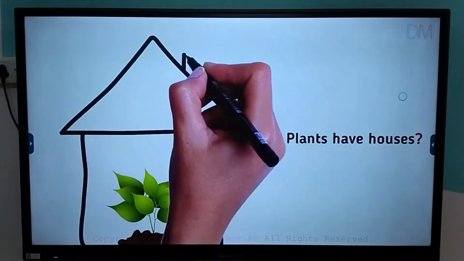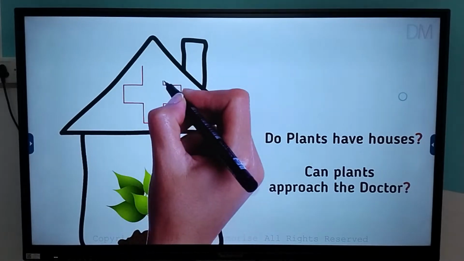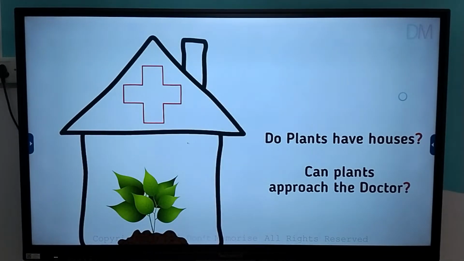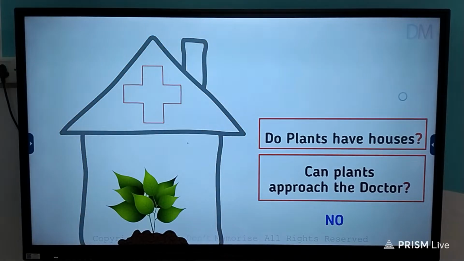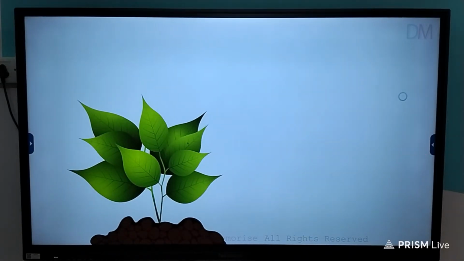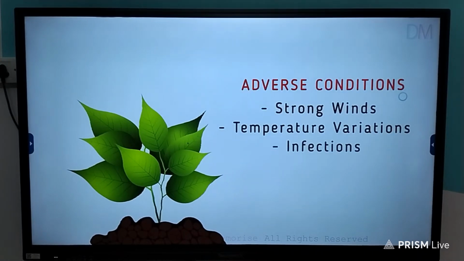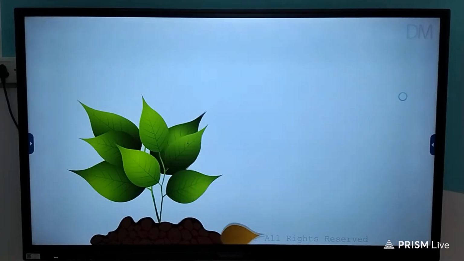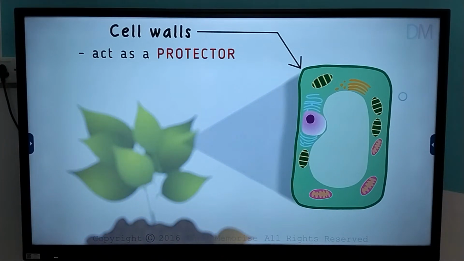Do they have a house to shelter them against bad weather? Or can they approach the doctor for medicines against diseases? The answer to all these questions is a definite no. Plants have to protect themselves against adverse conditions like strong winds, temperature variations, and infections as well. Therefore, the plant cells have cell walls that act as a protector.